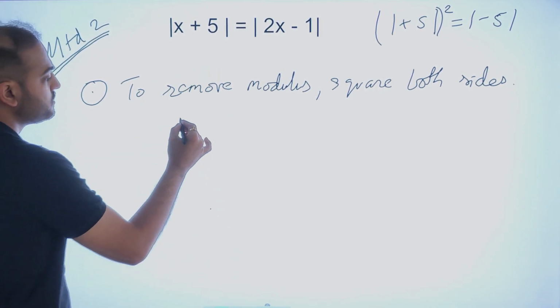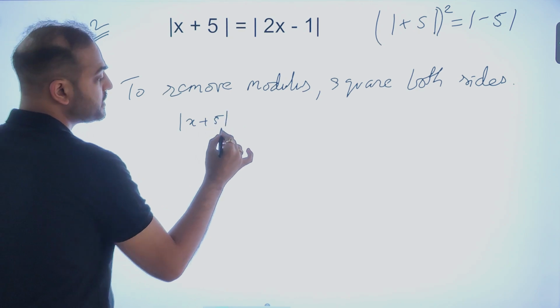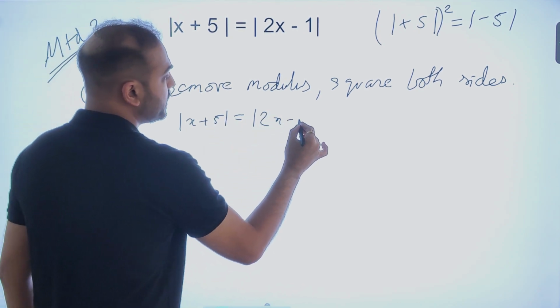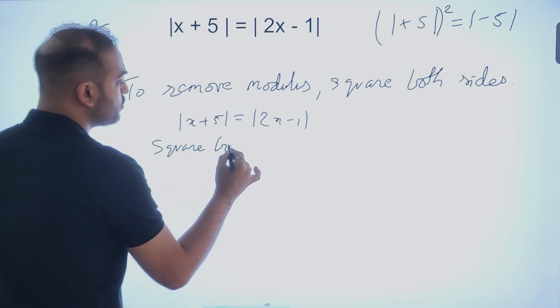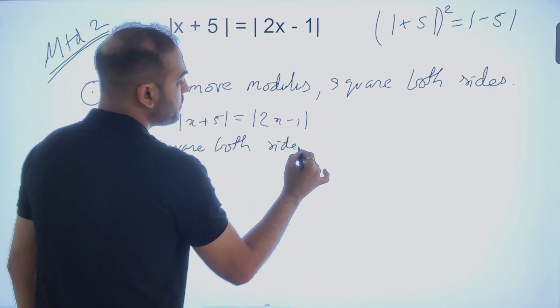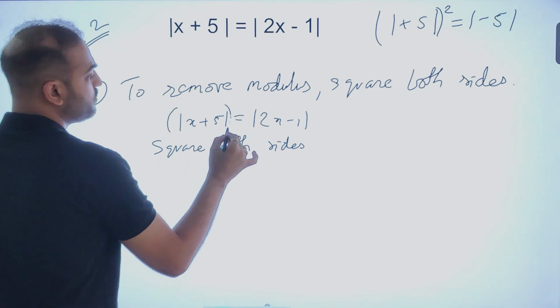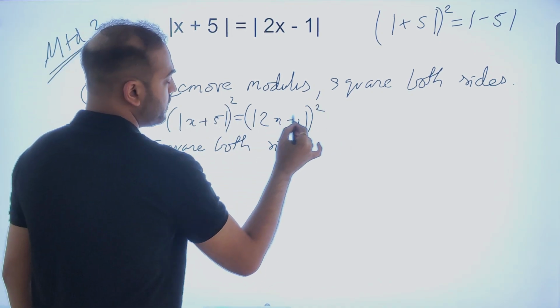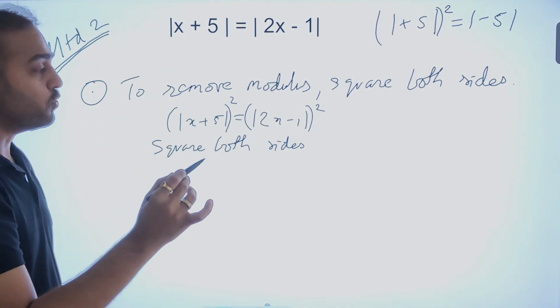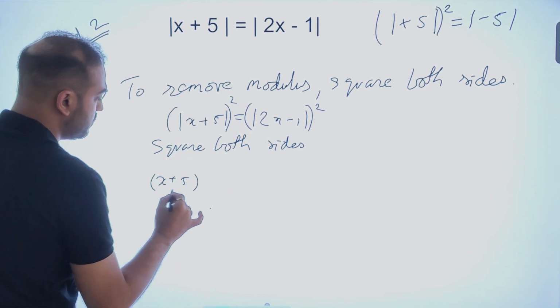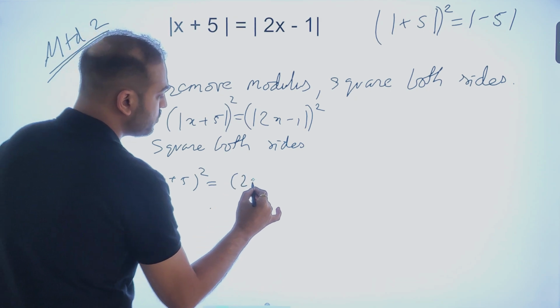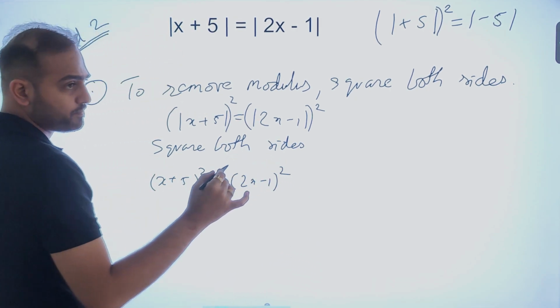So in this question, we have modulus x plus 5 is equal to modulus 2x minus 1. If I square both sides, what happens? This whole thing square, this whole thing square. The modulus and square go. You get x plus 5 the whole square is equal to 2x minus 1 the whole square.